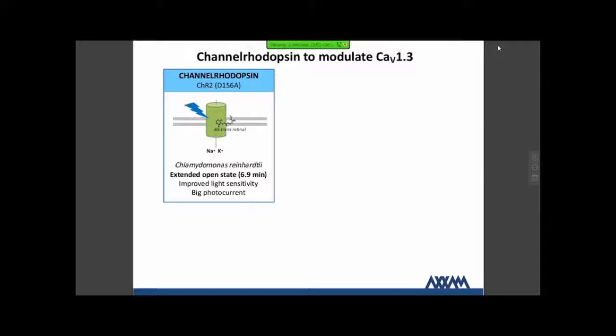It has a very extended open state, so the half decay time of this ion channel is about 7 minutes. So this will induce a very sustained and prolonged membrane depolarization.